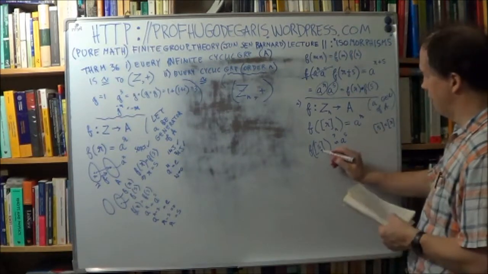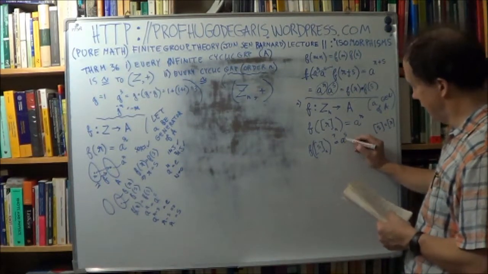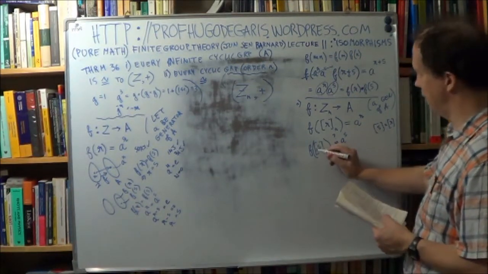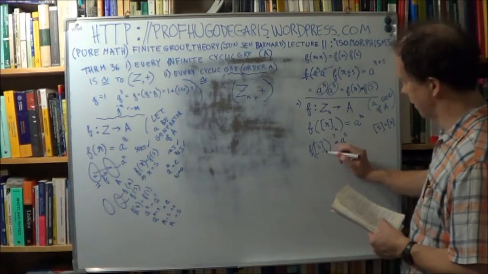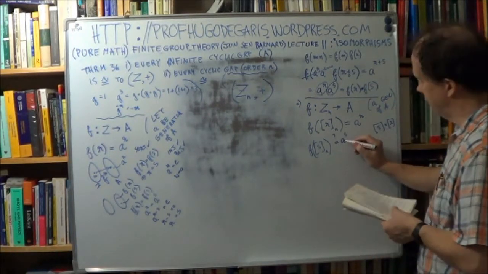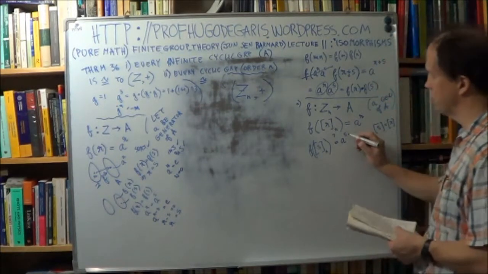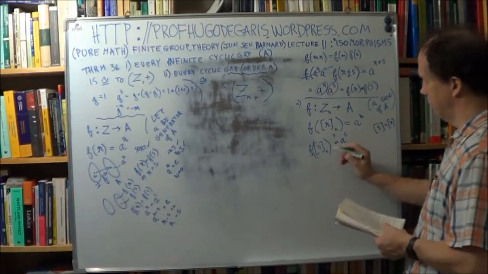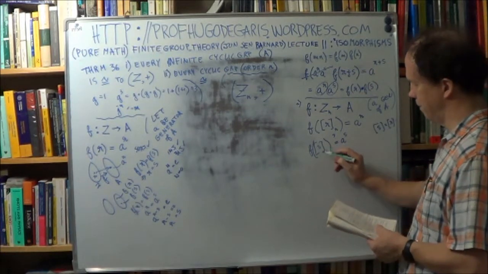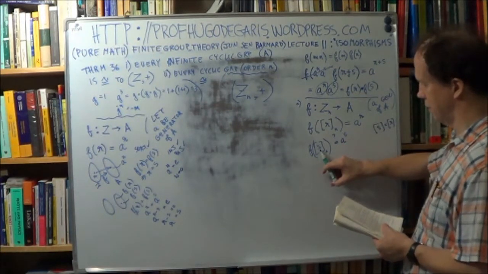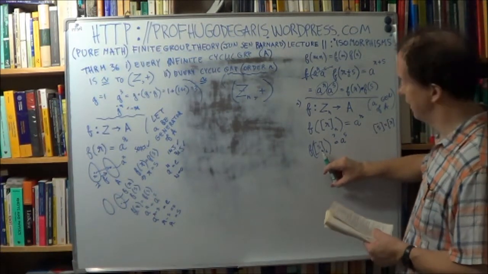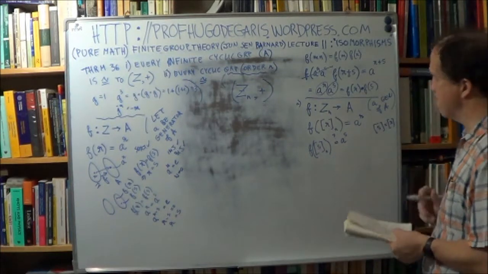So if F of this residue class does not map to a to the S, I've got problems. So I need to prove that mapping this residue class with representative S, I get this.